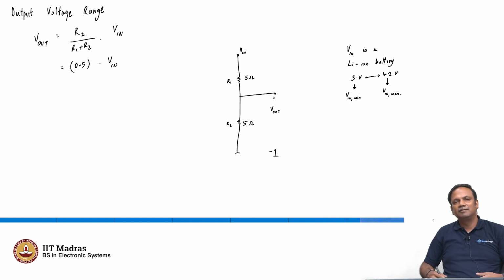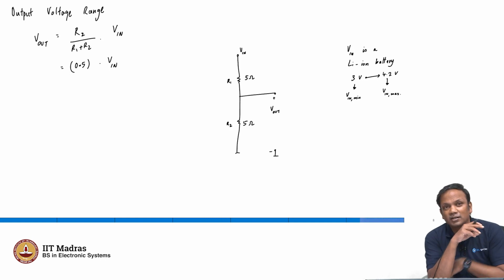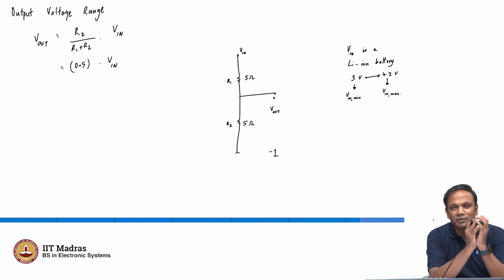When V in is high, V out will be high, when V in is low, V out will be low. So, the output voltage range in this case is pretty much set by the input voltage range. And again I want to draw the distinction between somebody who is building a power regulator and somebody who is using a power regulator.